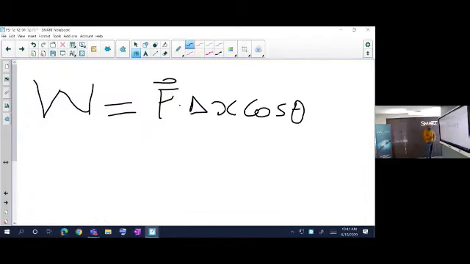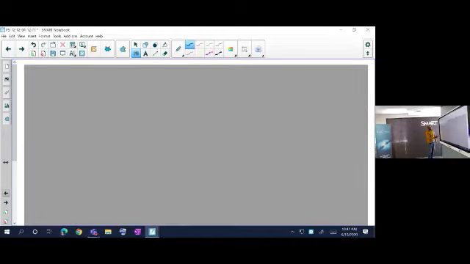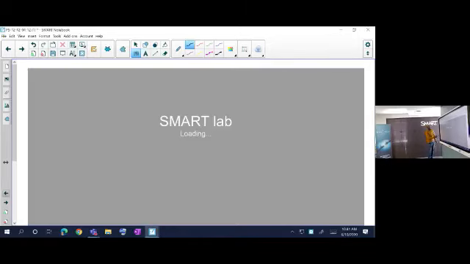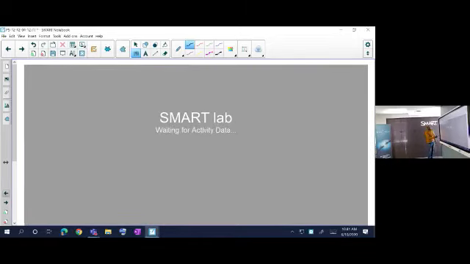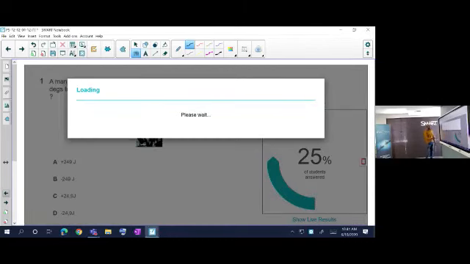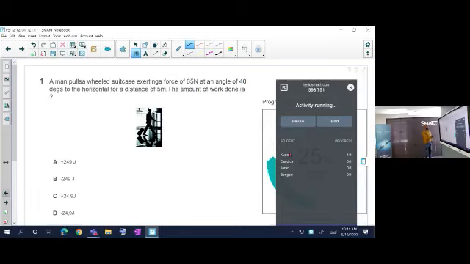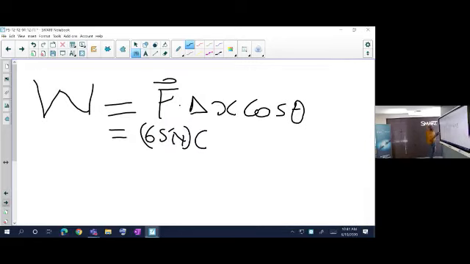If you can look at it, we have 65 newtons, and I think it's 5 meters, that is 5 meters and 40 degrees to the horizontal.